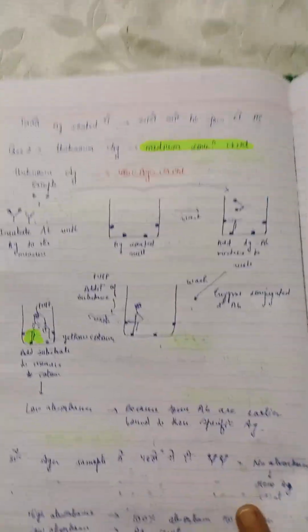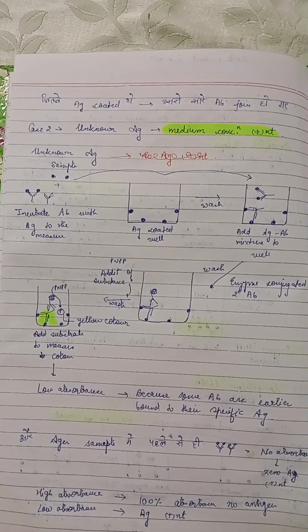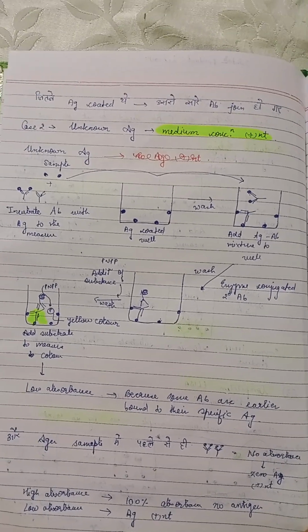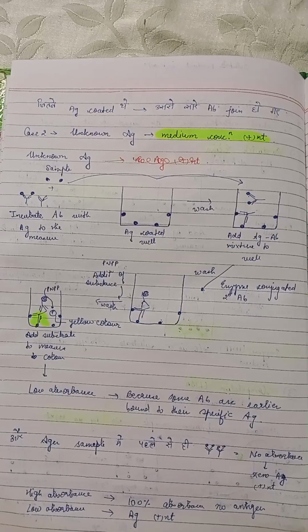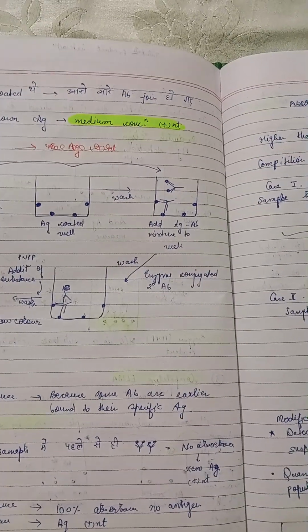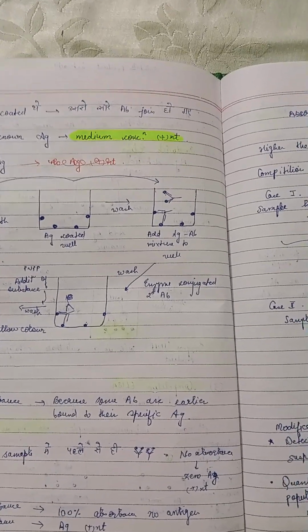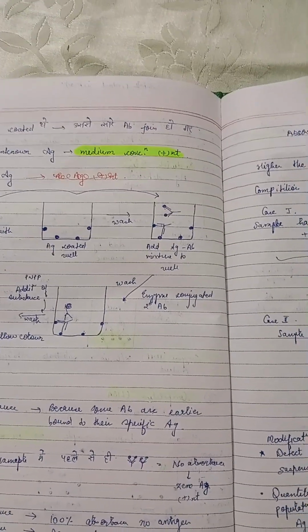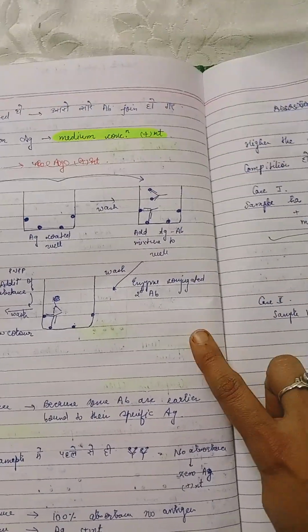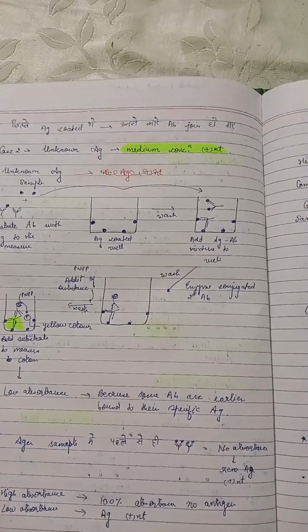In the second case, when your sample has a medium concentration of antigen, you use an antigen-coated well and incubate antibody with the antigen to be measured. Here you see that an antigen-antibody mixture is obtained. However, some of the antibodies do not bind to it and antigen remains free. Now the enzyme-conjugated antibody is added, and then PNPP.